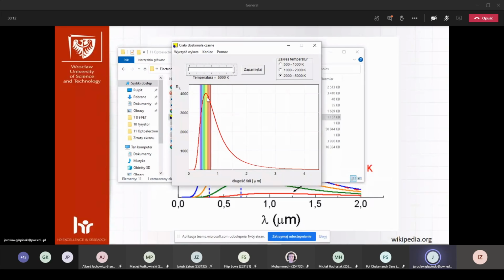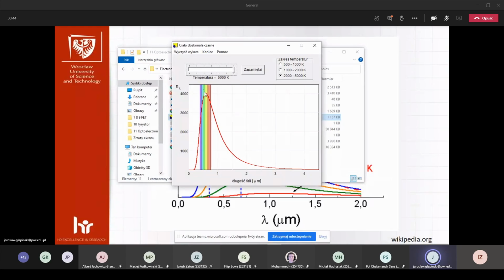So what does it mean? If we have a bulb of 5,000 Kelvin, it corresponds to the emission of the black body. If we heat the black body up to 5,000 Kelvin, we get such an emission of wavelengths. Yes, this is the emission of the black body, so it's going more towards green and blue.